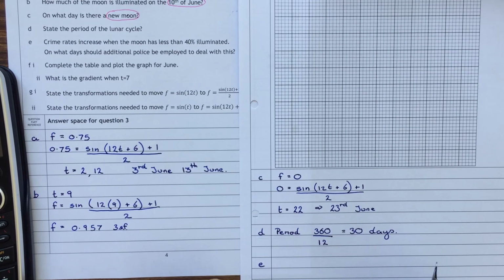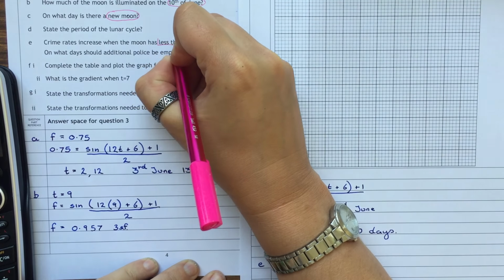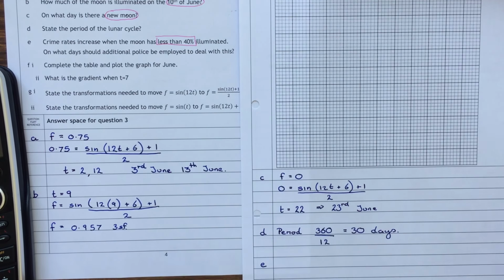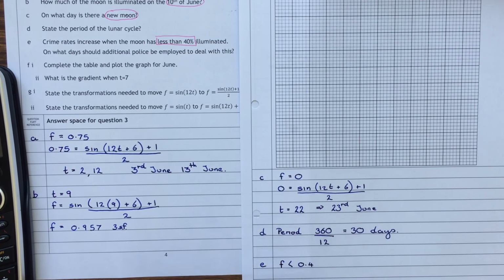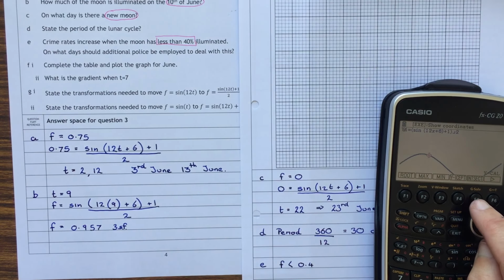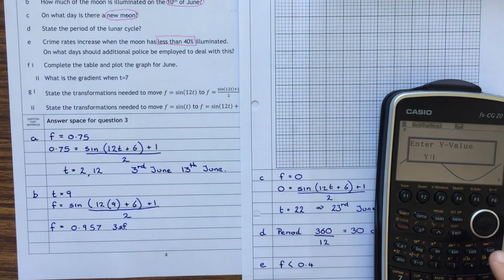E, crime rates increase when the moon has less than 40% illuminated. So less than 40% illuminated is when your fraction is less than 0.4. So on a calculator, we've got GSolve xcal 0.4.